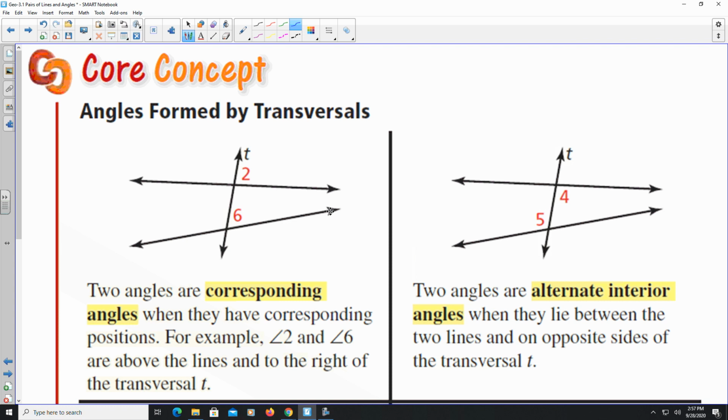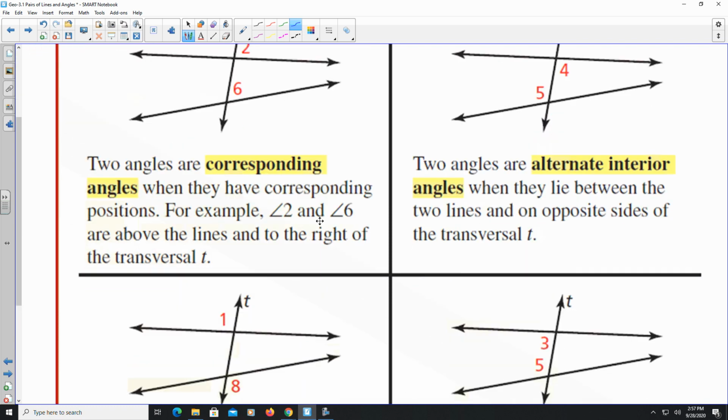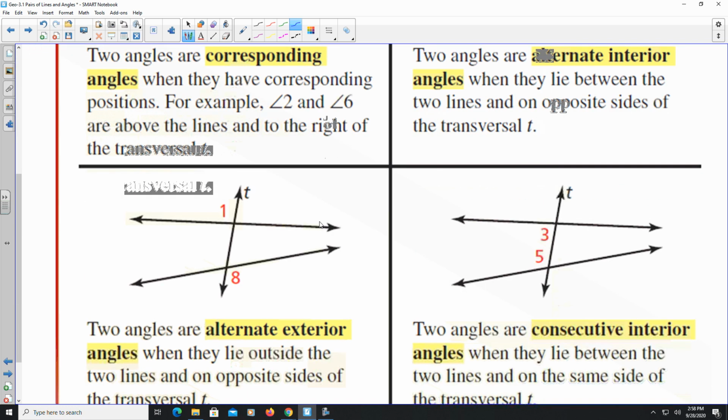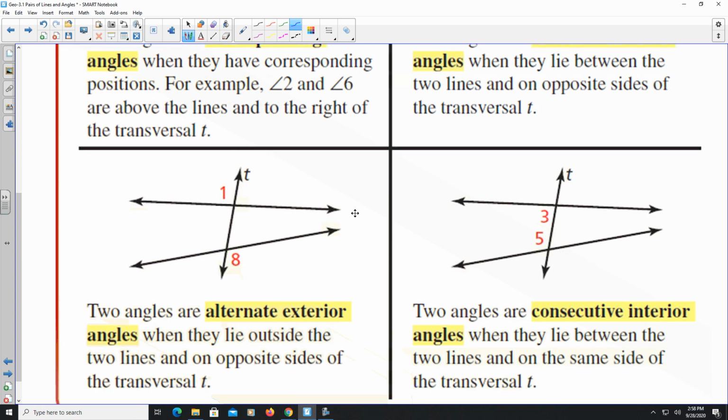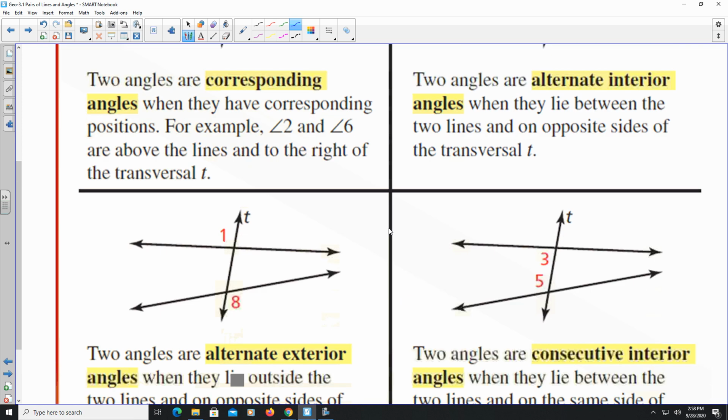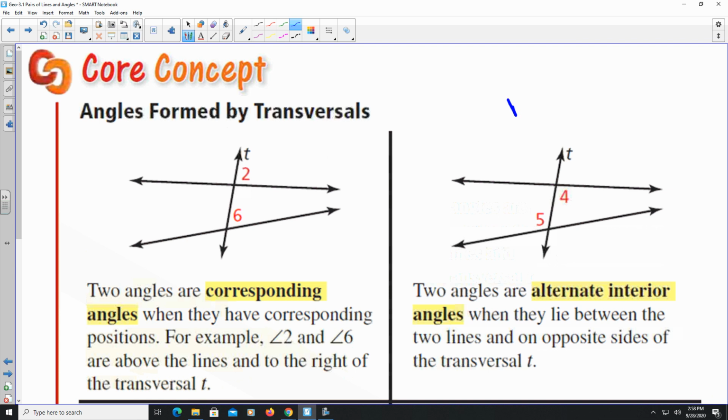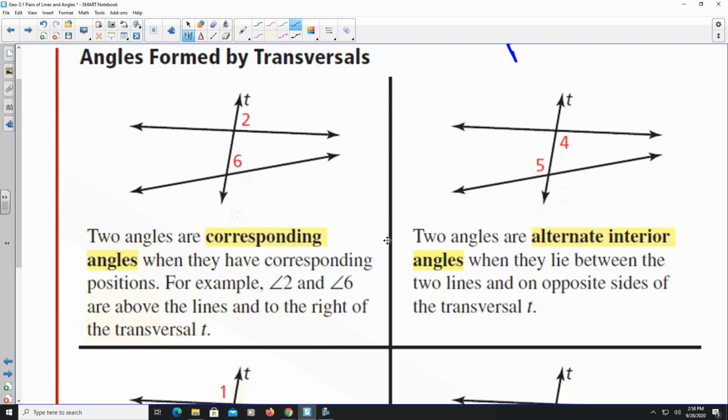Here we have some angle relationships. Some of this is review. You can find these different angle relationships on page 128 in your text. If you have a transversal like line T and you have angles that are in relatively the same position, like angle 2 is upper right and angle 6 is upper right, those are corresponding.